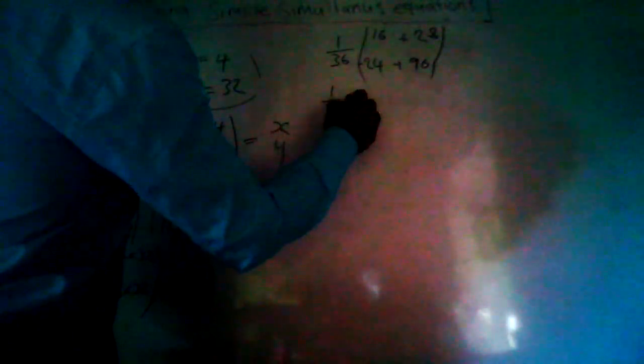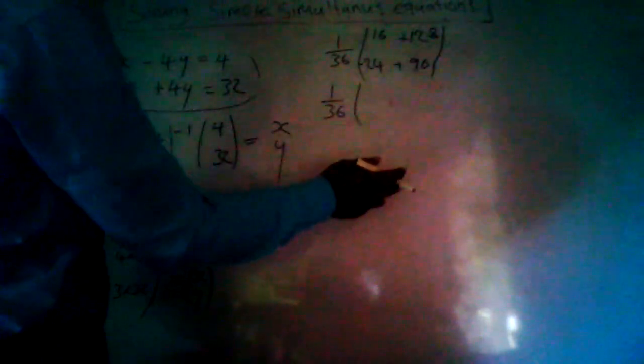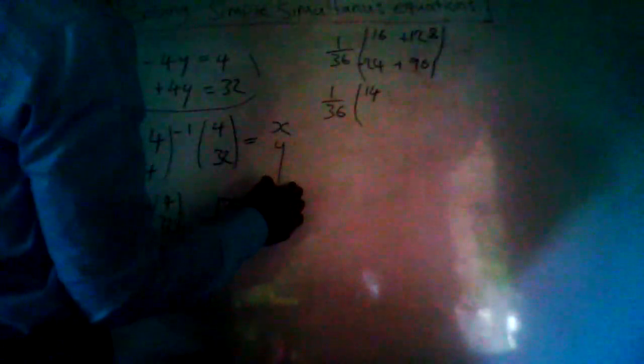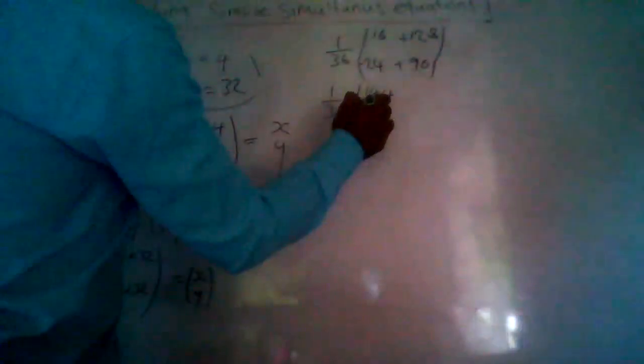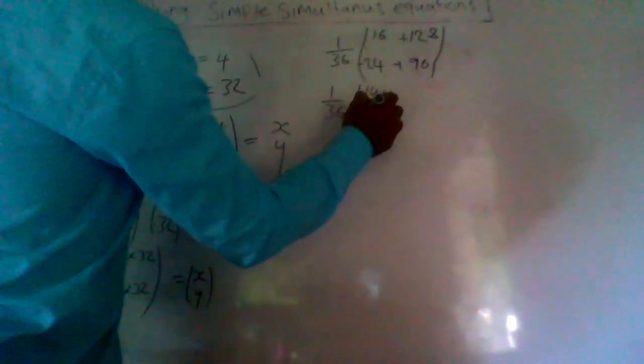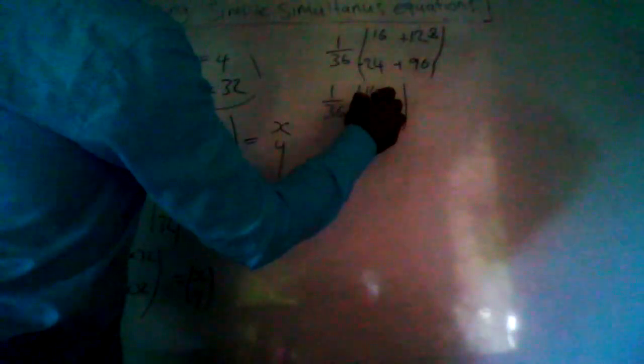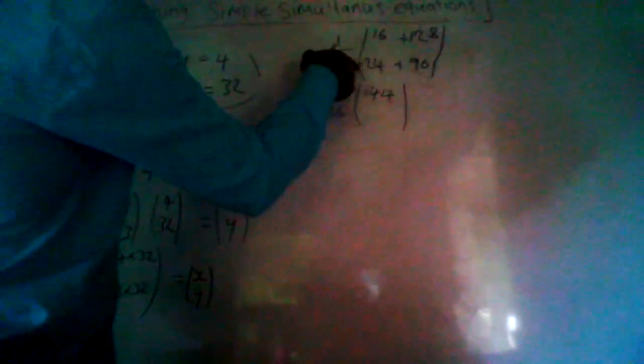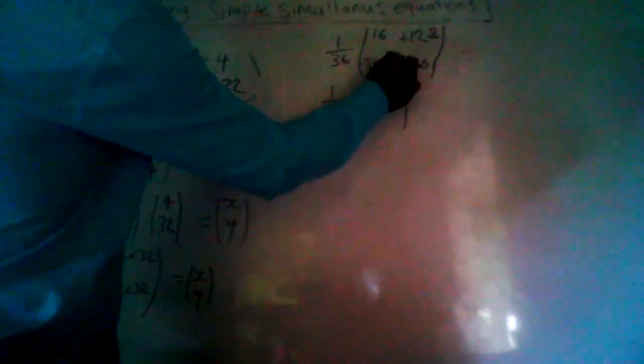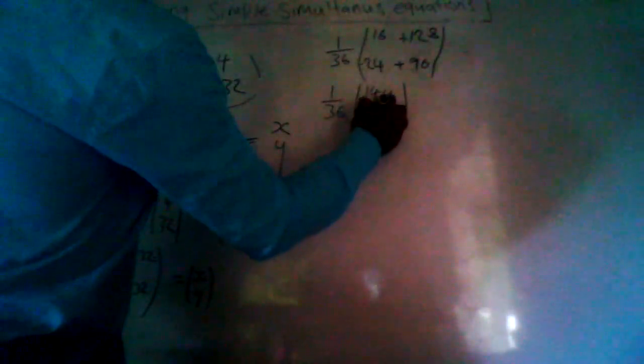So this would be 1 over 36. So 16 plus 128 would be 144, right? Yeah, 144. That's where I was getting the 144. And negative 24 plus 96 would be 72.